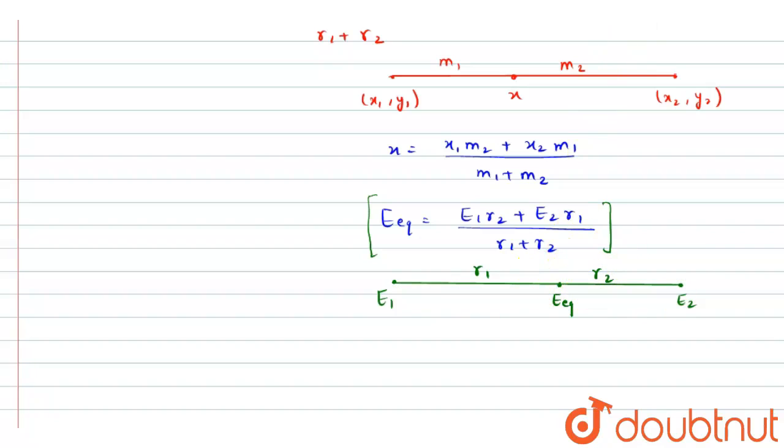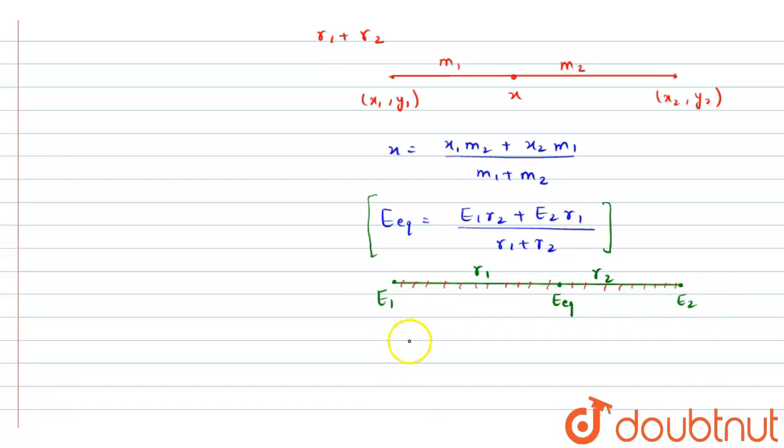But it will not go beyond this line. It will exist on this line only, between E1 and E2, minimum up to E1 and maximum up to E2.